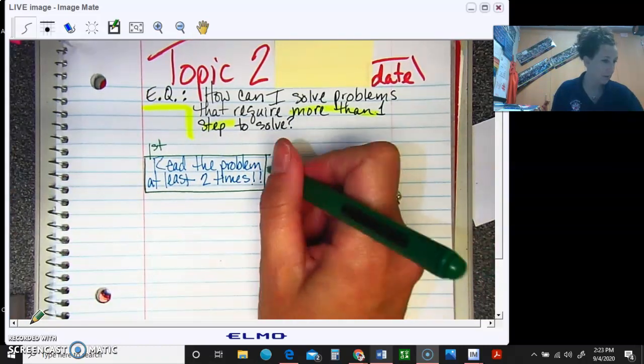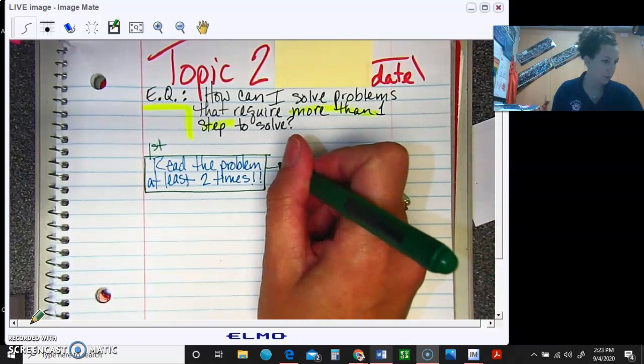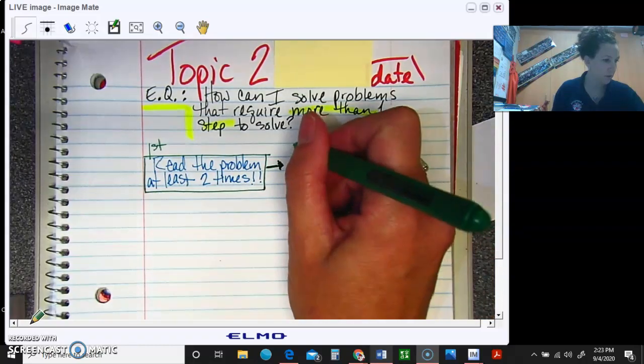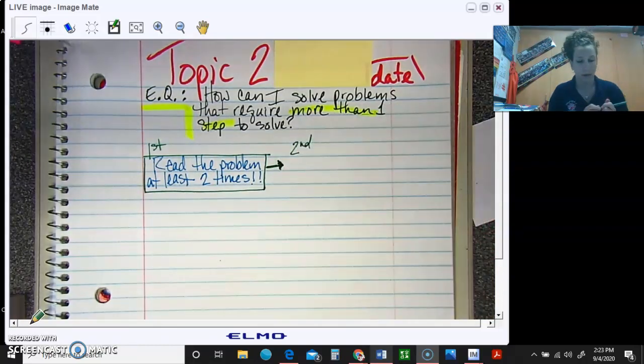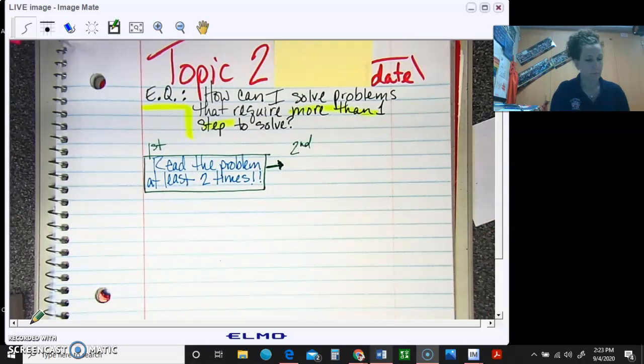Okay, then we move to our second step. Okay, our second step is to highlight or underline keywords and circle key numbers. Now, if you mix that up, the highlight police and circle police are not going to come to your house, okay? But the point of this step is pull out that essential information, that important information, okay? Do something with your keywords, do something with the numbers, okay?